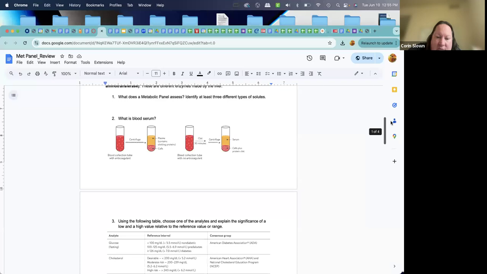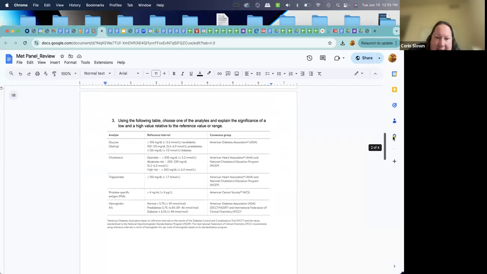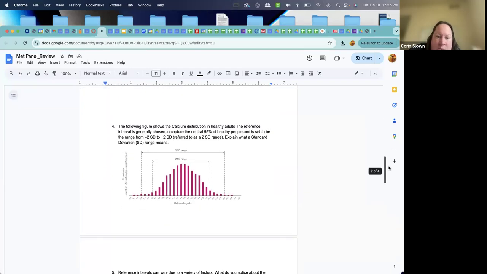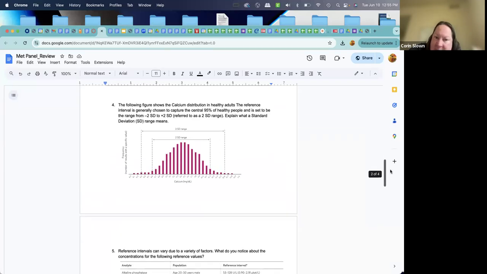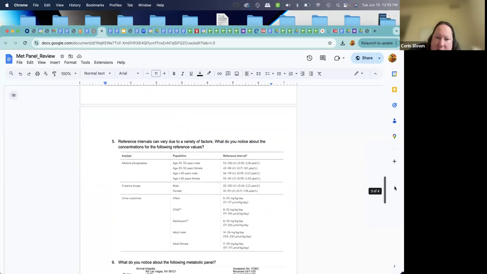There's a visualization for what is blood serum. And then you can think about that low and high value. So if, for example, you need help on the pattern of inquiry, this is a great resource for that problem. It's really important here to think about standard deviation and how much variation there really is in the population. So that's something for you to consider as well.